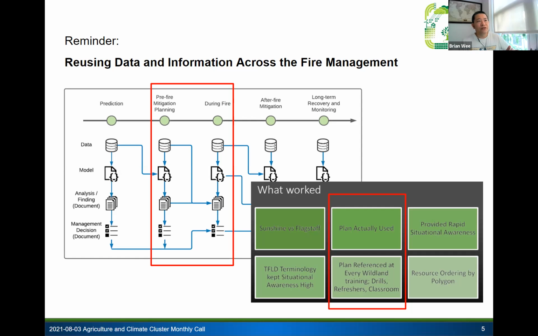And Dave, feel free to jump in and correct me if I'm wrong, because I might be interpreting the slides incorrectly. But Dave had mentioned that what worked in the past was you create a plan up front, but you use the same plan for training, drills, classrooms, and when the actual fire hits, the incident crew, the incident managers who are recruited to fight the fire have all been using that plan earlier for training.